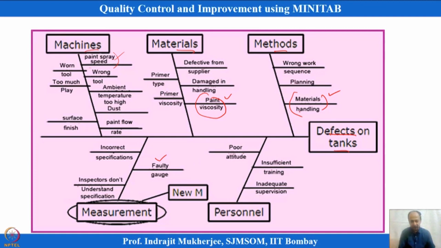Personnel means insufficient training: operators doing the inspection are not trained, they are misleading, indicating defects which are not defects. These are all causes, and we have to eliminate each and every cause so that we do not get defects.